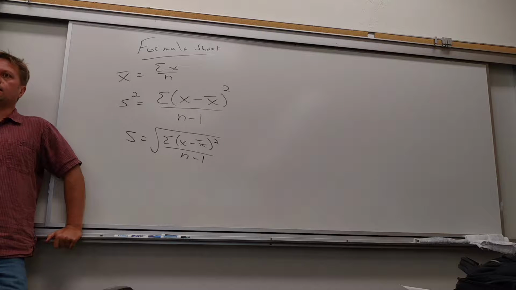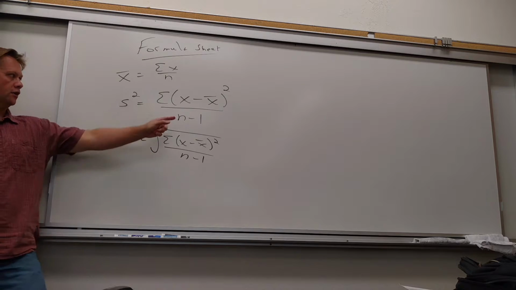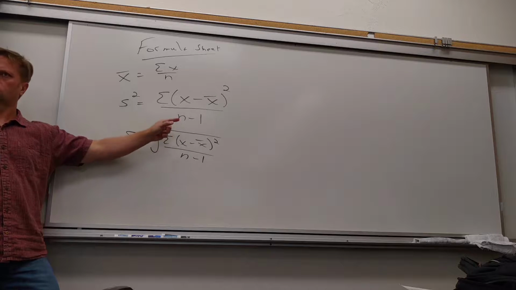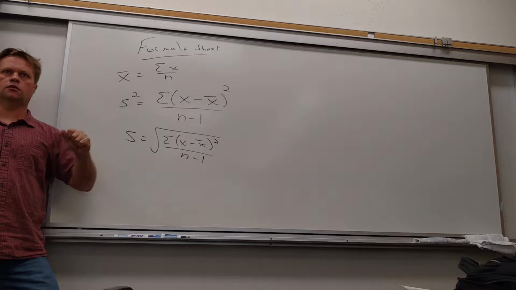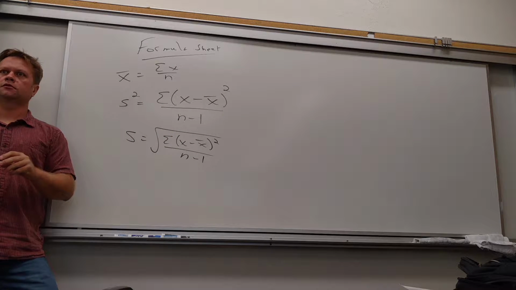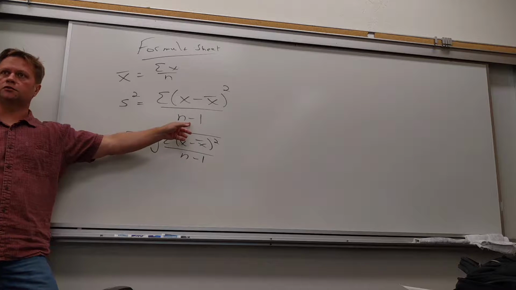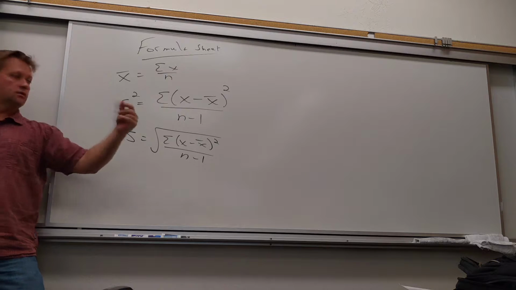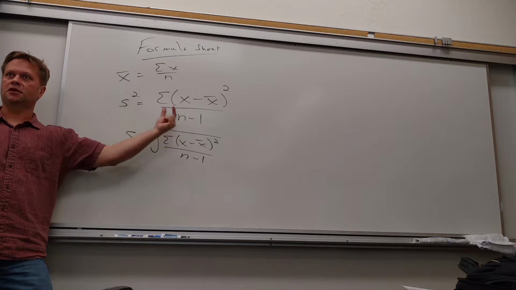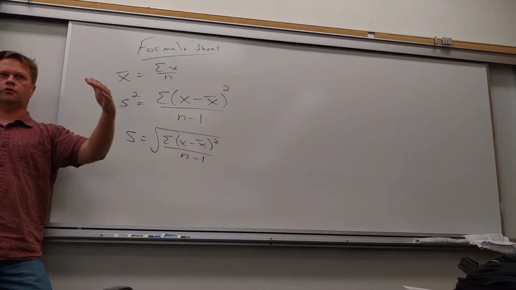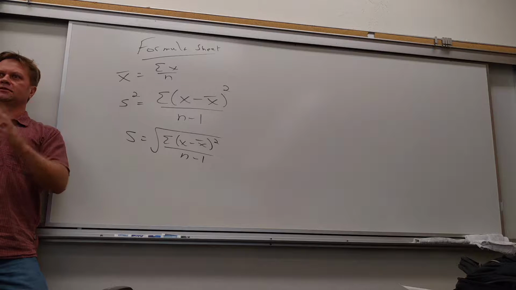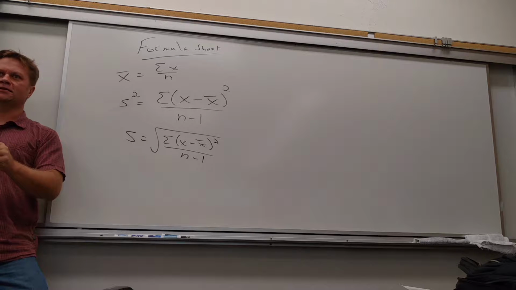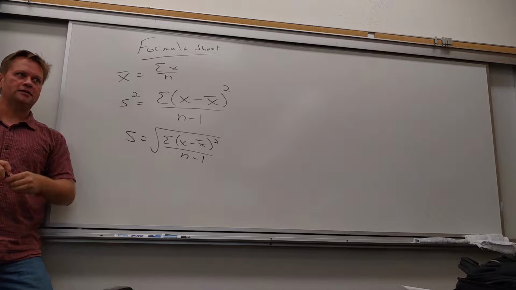No. If I had a list of 28 numbers, what would n be? What's the value of n? 28. And then 28 minus 1 is what goes in the formula. But what's n? It's the size of your list of data. It's the number of data points that you got. That's why we chose the letter n. Math people, sometimes we try to make sense. Letter N makes sense there.